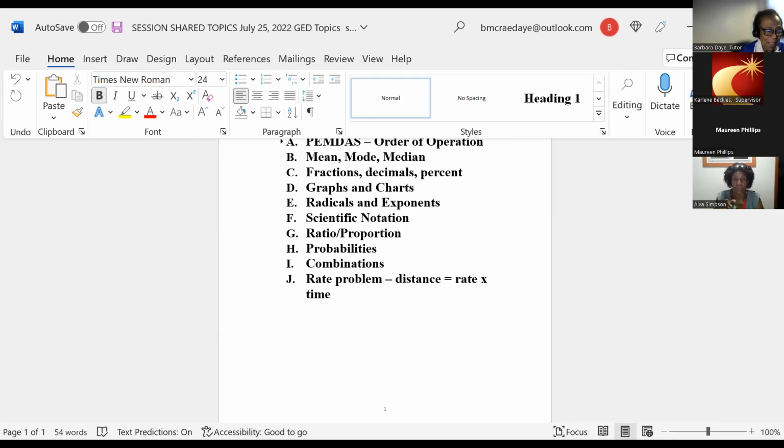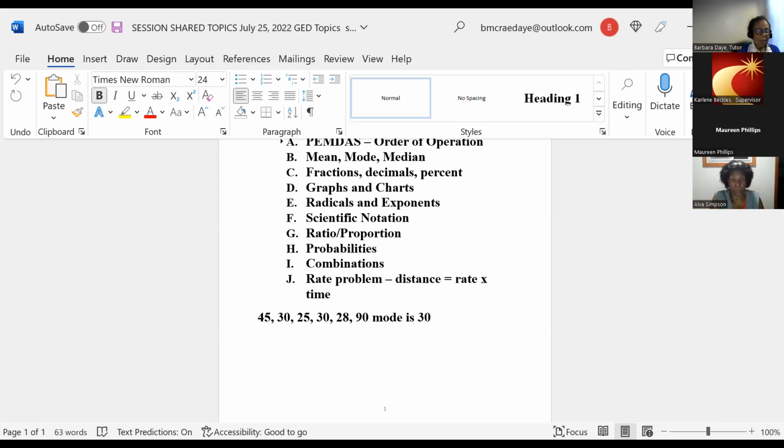But mode, if you had 45, 50, 25, 30, 28, 90, 30. What is the mode, Alva? 30, because there are two 30s, but everything else is one. So the mode is 30.